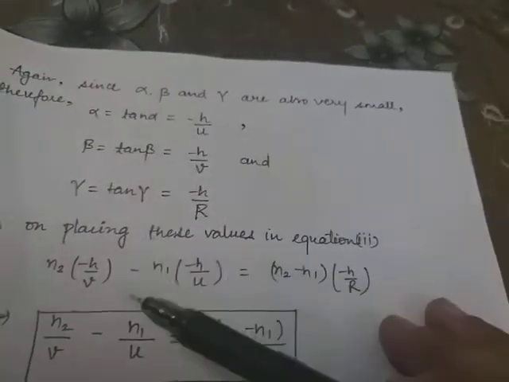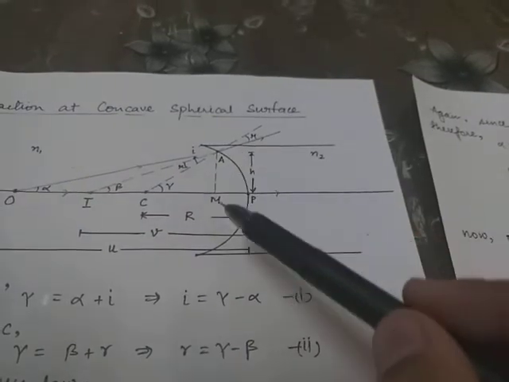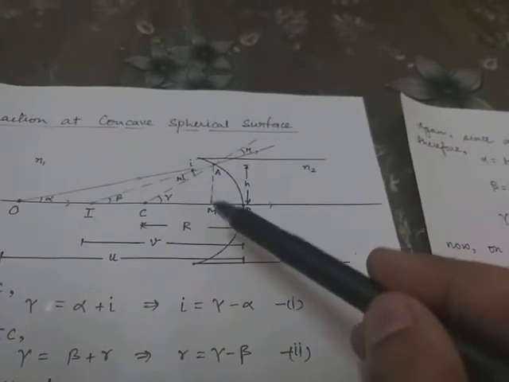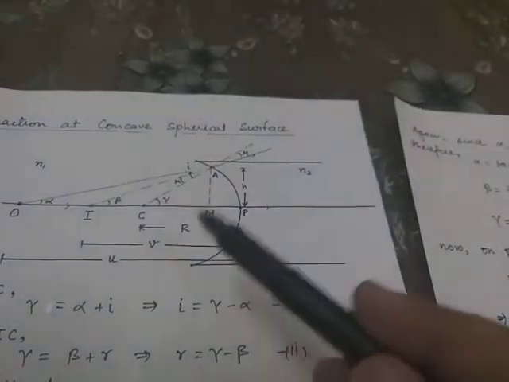And gamma is equal to tan gamma, and tan gamma is perpendicular upon base. Now perpendicular is h and base is r, and due to the left side, it is minus r.